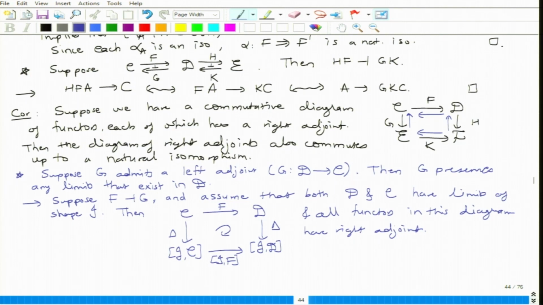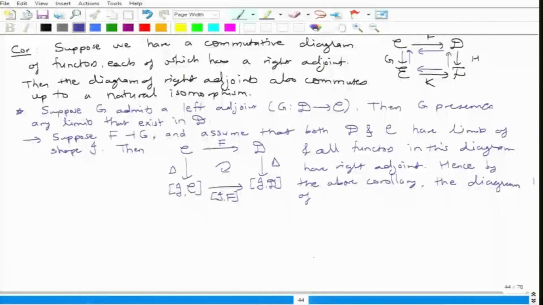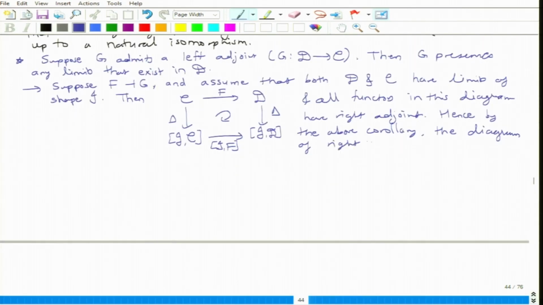F has a right adjoint G. Delta has a right adjoint, limit of shape J. And JF, composition with F, has a right adjoint, composition with G. So therefore, hence by the above theorem, by the above corollary, the diagram of right adjoints also commutes up to a natural isomorphism.